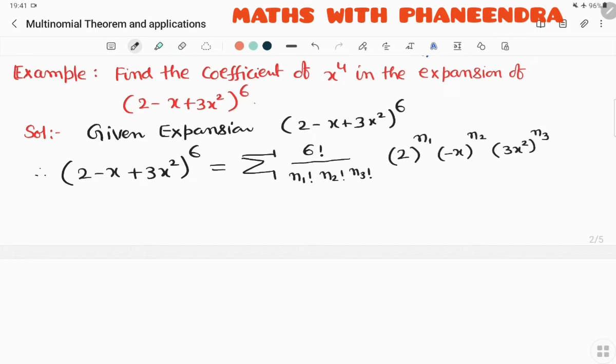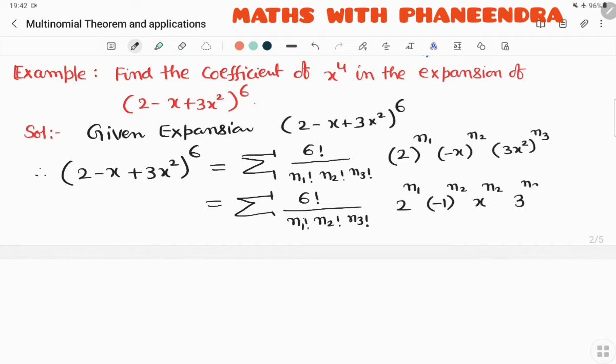Okay. So now sigma 6 factorial divided by n1 factorial, n2 factorial, n3 factorial, 2 power n1, minus 1 whole power n2, x power n2, 3 power n3 into x power 2n3. So base or equal power should be added.